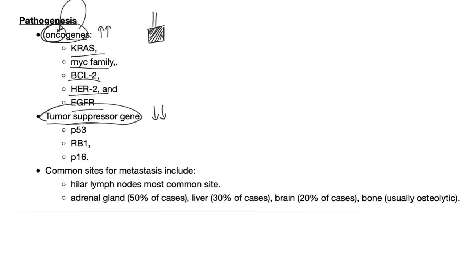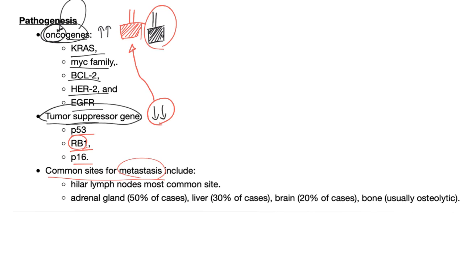Tumor suppressor genes are the brakes of this cancer. If you have them, you are less likely to have cancer. If you inhibit them, your brakes are not working. The accelerator is going into overdrive, leading to cancer. So if you have problems with P53, retinoblastoma 1 or RB1, and P16, you have increased risk of lung cancer.